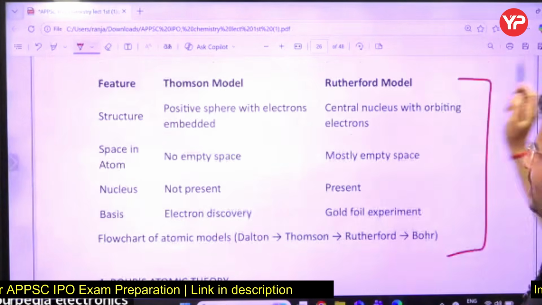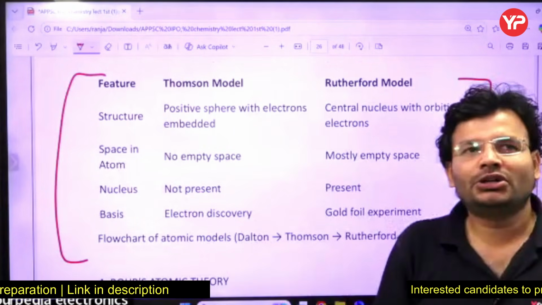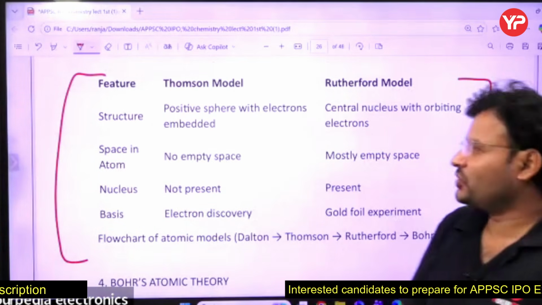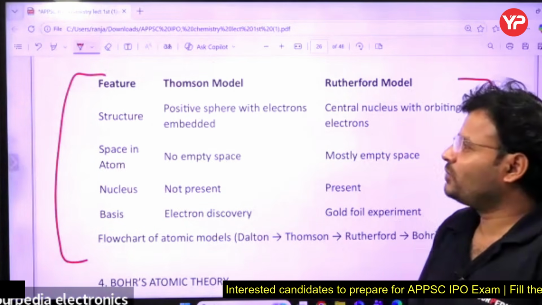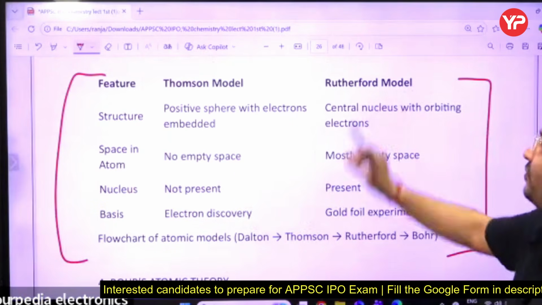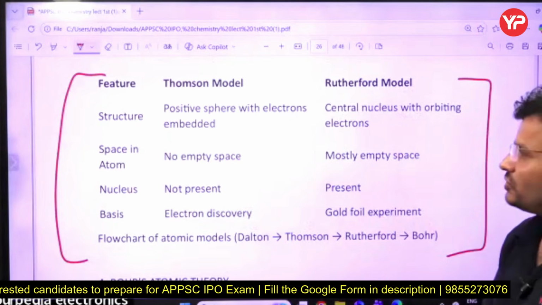Every model I have given, just so that you can remember everything in one view, if you talk about features: in the structure, the Thomson model is a positive sphere with electrons embedded. But the Rutherford model has a central nucleus with orbiting electrons.